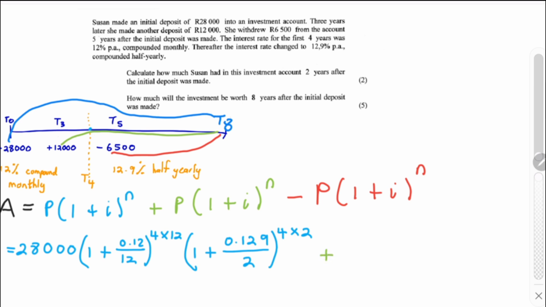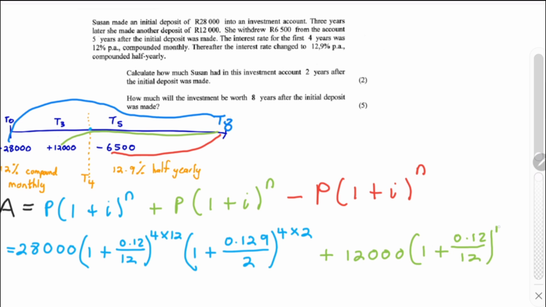So it's plus 12,000, 1 plus the interest rate at T3 was 12% compounded monthly. And so this 12,000 for 1 year, the interest rate was 12%.